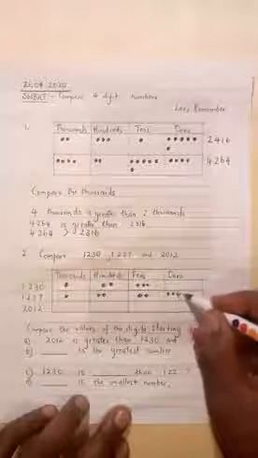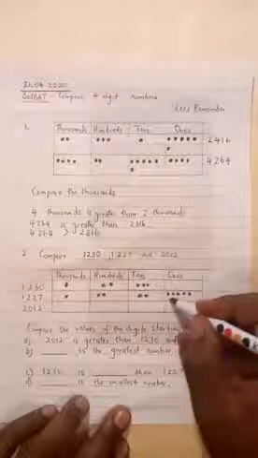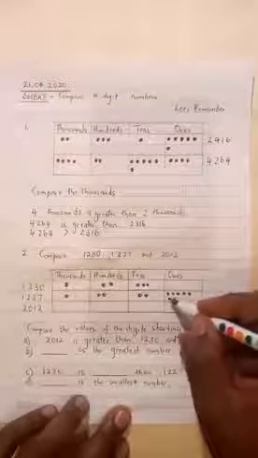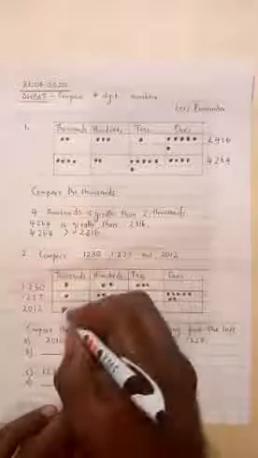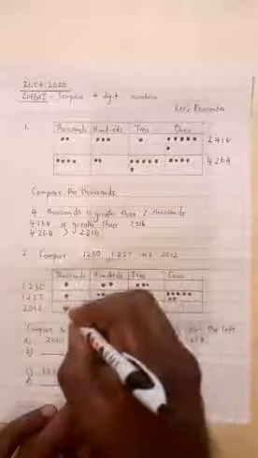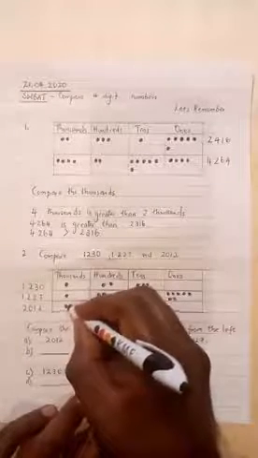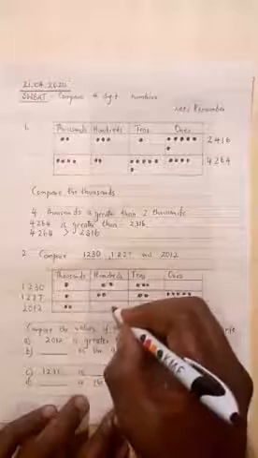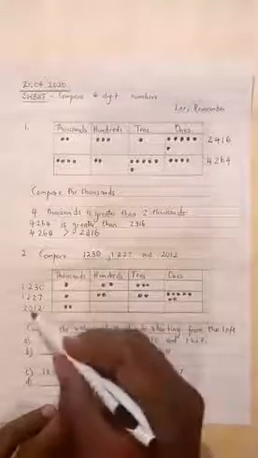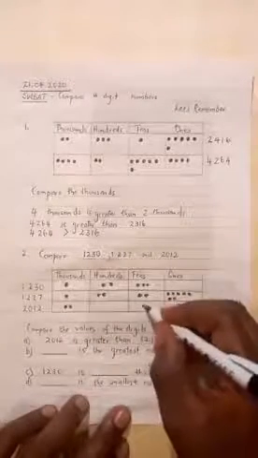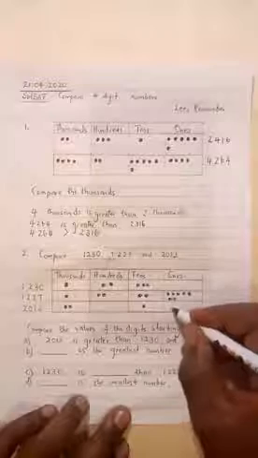Last but not least, now I've got 2 in the thousands place. For 2,012, I've got nothing in the hundreds place because there is a 0 here. I've got 1 in the tens place and 2 in the ones place.